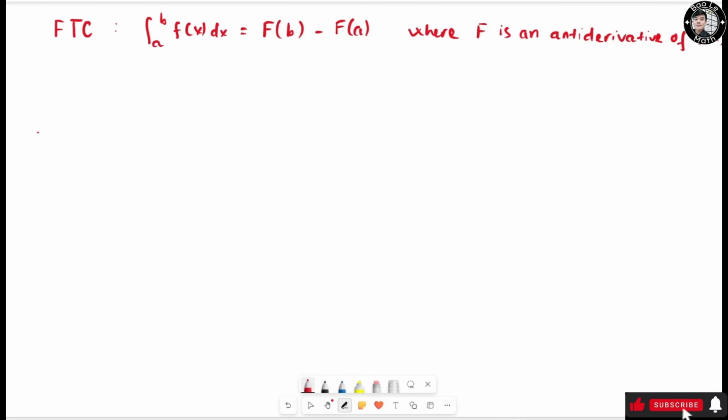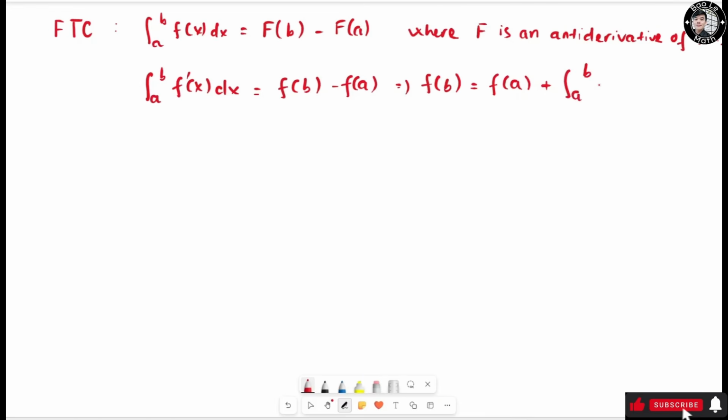Now, the fundamental theorem of calculus can be written in various ways. You can write the integral from a to b of f'(x) dx equals f(b) minus f(a). Then f(b) equals f(a) plus the integral from a to b of f'(x) dx, right?